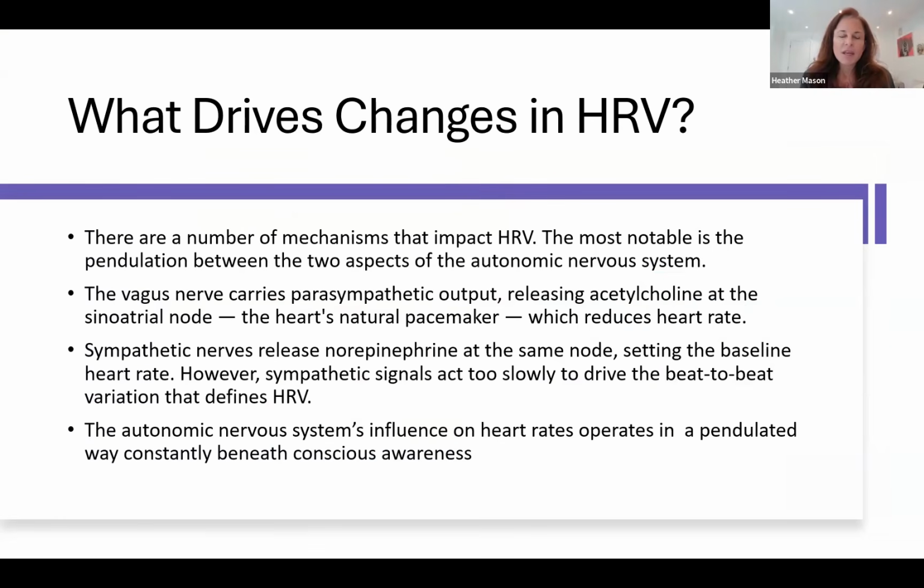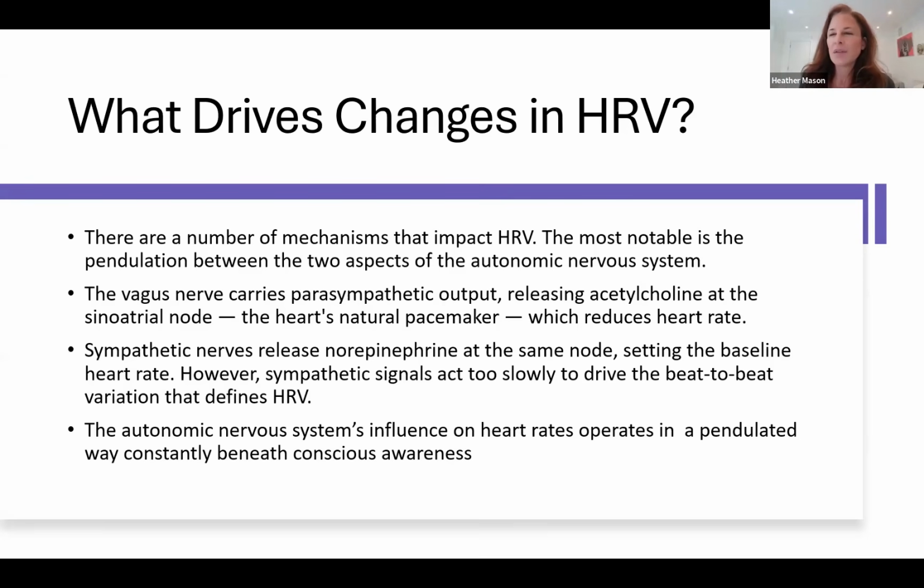Now, the vagus sends information to the heart more quickly than the sympathetic nerves, and it also has an overall greater effect. So, when we talk about increasing heart rate variability, first and foremost, we're reflecting the vagus's ability to send more information to the heart to slow it down greater.